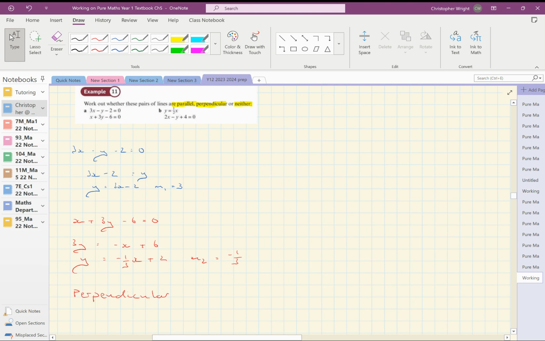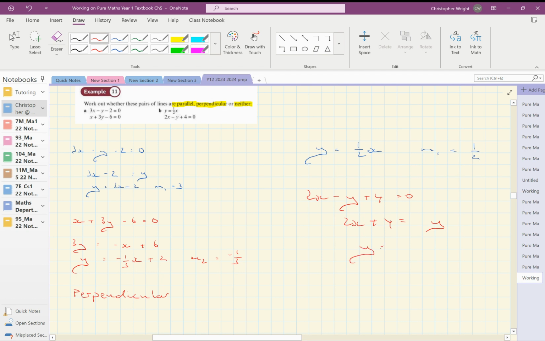Now let's have a look at B. So in B, I've got y equals a half x. Well, I know therefore that m1 is a half. And the second equation is 2x minus y plus 4 equals 0. If I add y to both sides, then I get that.